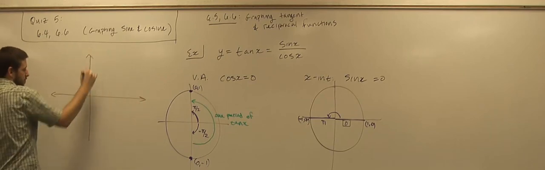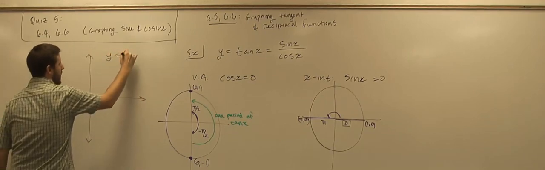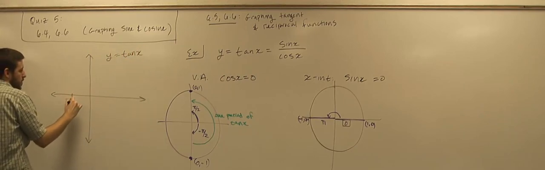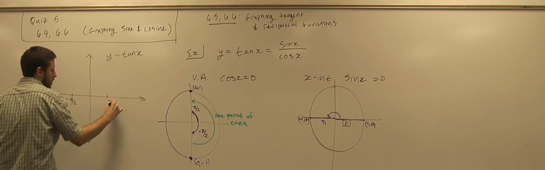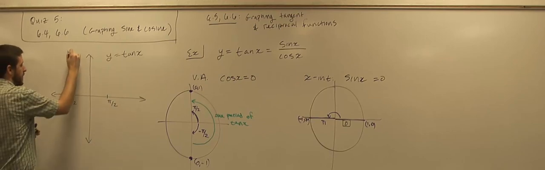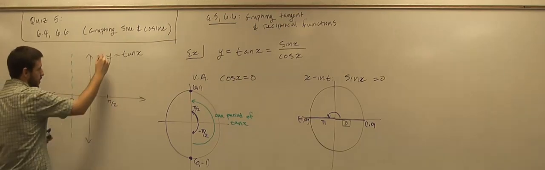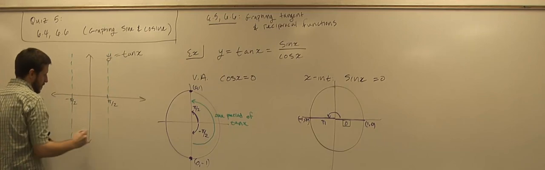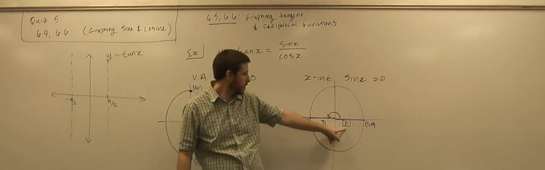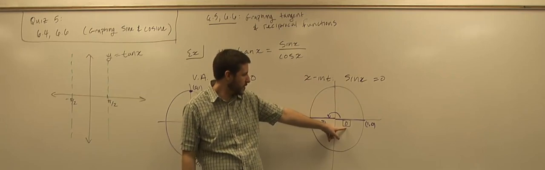Here's tangent. Y equals tan x. Here's negative pi over 2. Here's pi over 2. What am I going to put there? Dotted lines, asymptotes. Right? Somehow I'm going to indicate that my function shoots off to infinity. And then what does this tell me? The fact that sine is 0 at 0 radians.